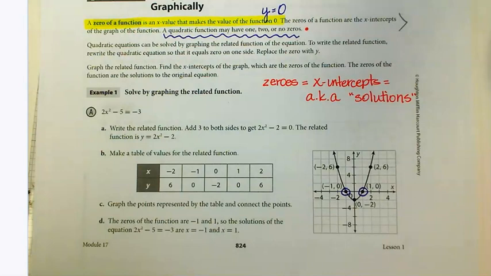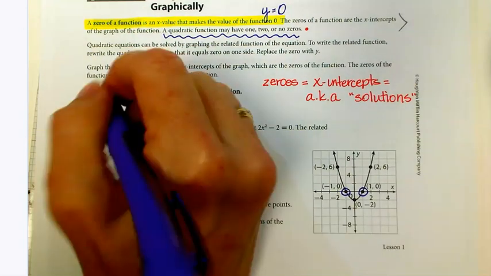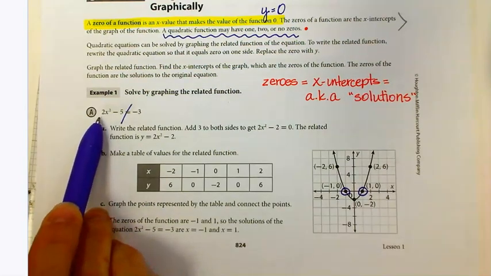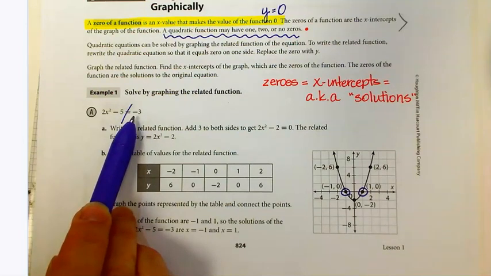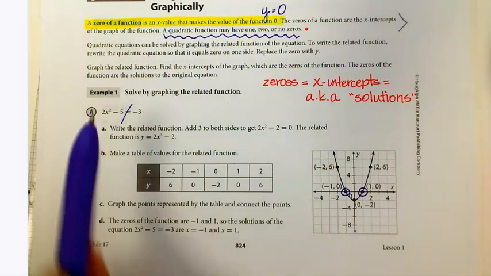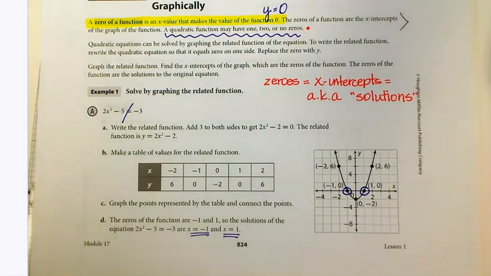Now, I'm wondering whether we can set up 2 functions, one function that's equal to 2x squared minus 5, and another function that's equal to just -3, and see if we still get the same 2 solutions.